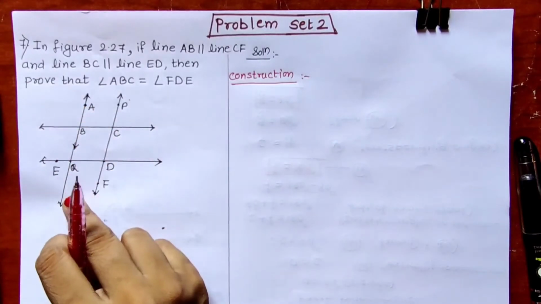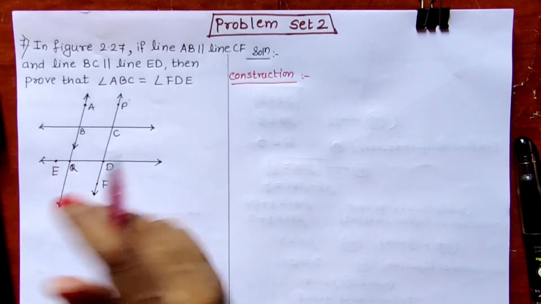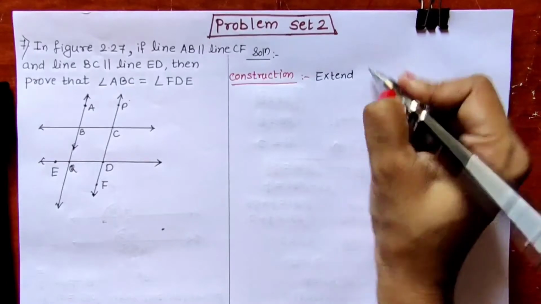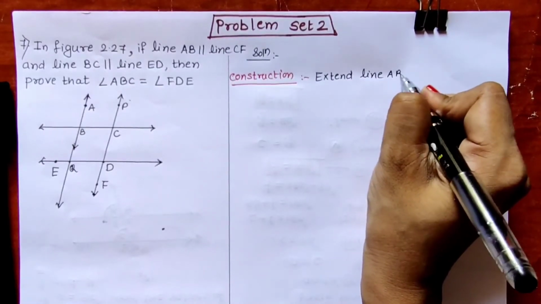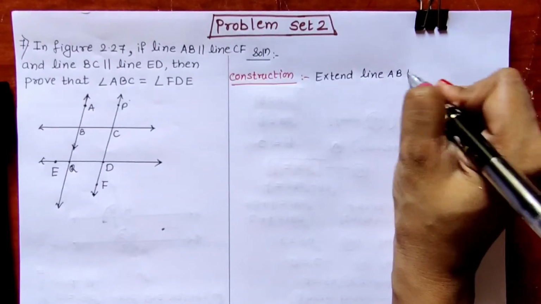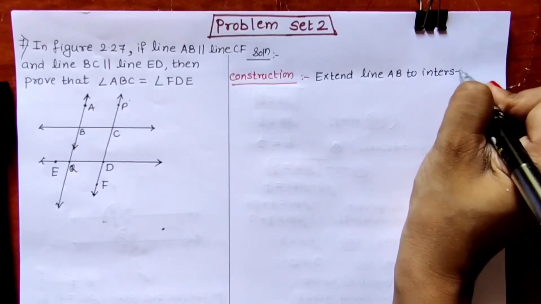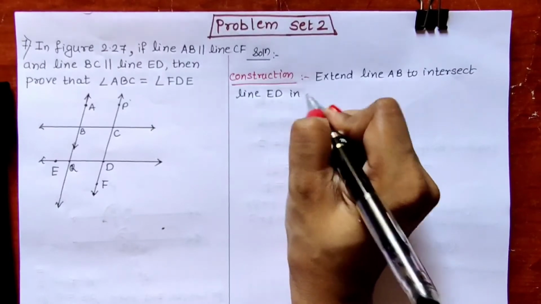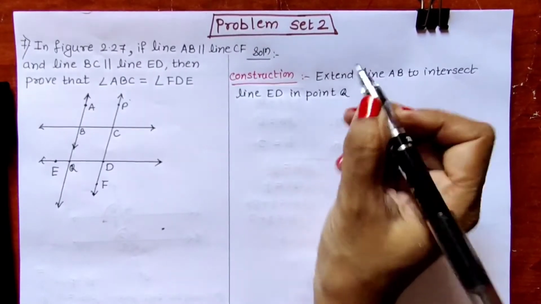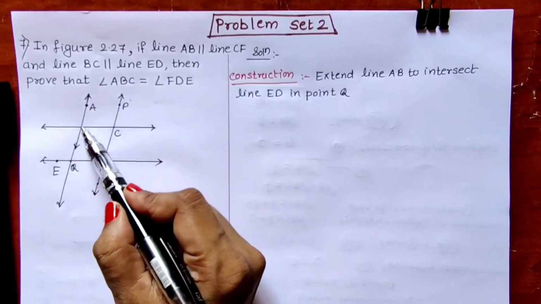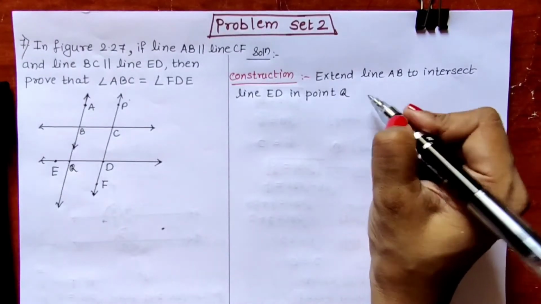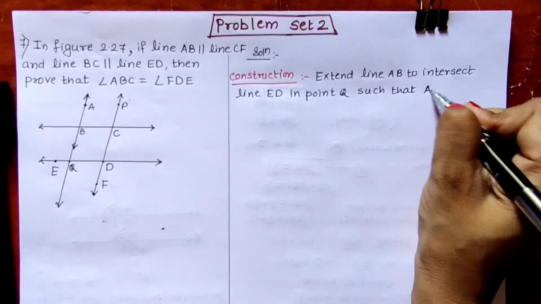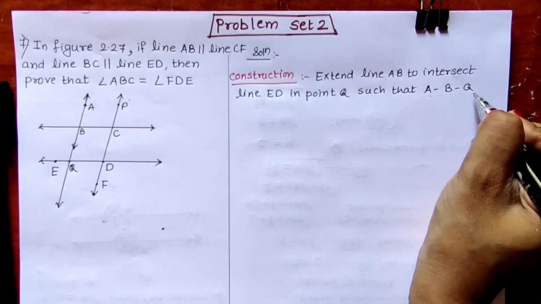We have extended this line AB so it can intersect line ED in point Q. So the construction is: extend line AB to intersect line ED in point Q. So we can see that A-B-Q, point B is in between A and Q.